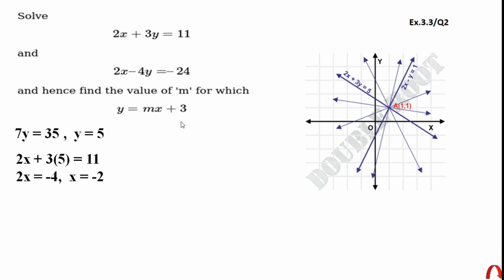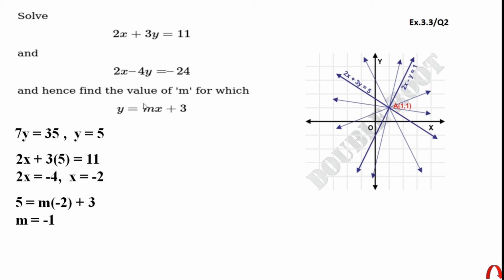So let us say that this particular line is also passing through minus 2 comma 5. So when this line is also passing through minus 2 comma 5, it implies y can be written as 5, x can be written as minus 2. When we do that, we get the value of m as minus 1.